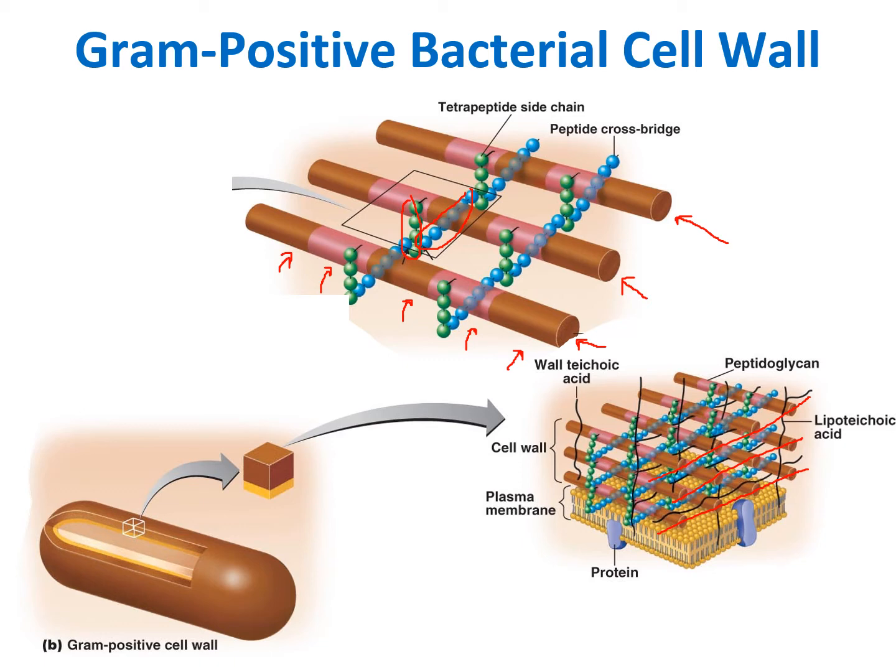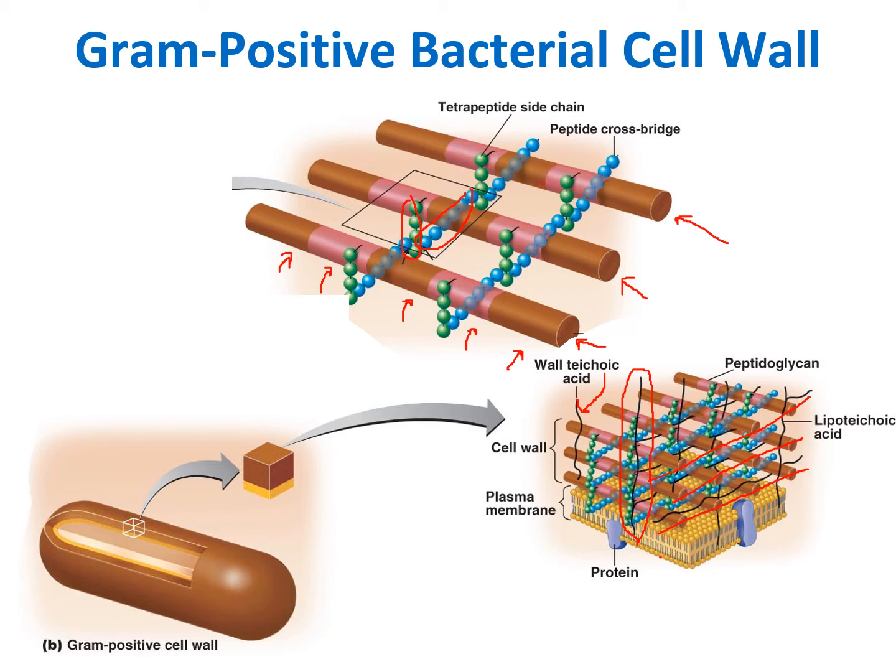In addition to the NAG, NAM, and amino acids, there's another structure in the gram-positive cell wall, and it is called teichoic acid. There are 2 types of teichoic acid. You have the wall teichoic acid, like this one, which is only found in the peptidoglycan layer. And then you have lipoteichoic acids like this one that are actually connected to the lipids in the plasma membrane.